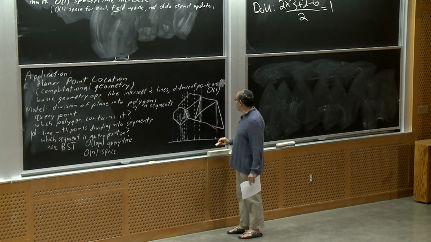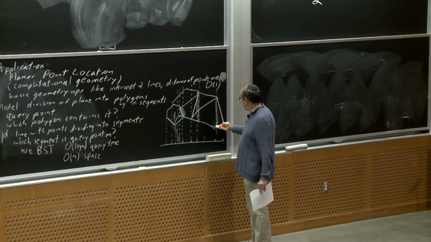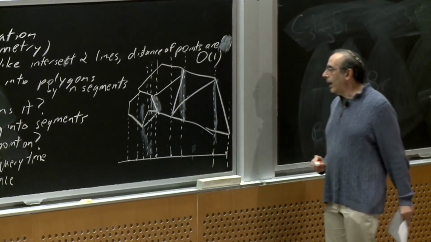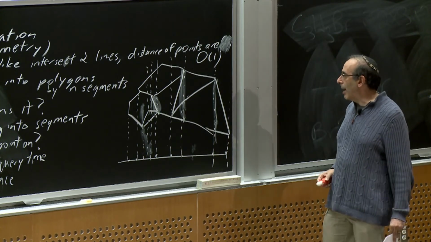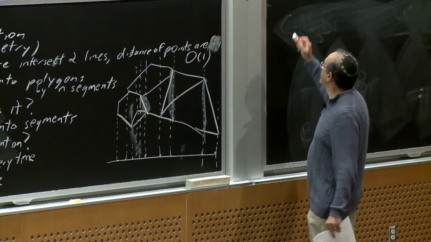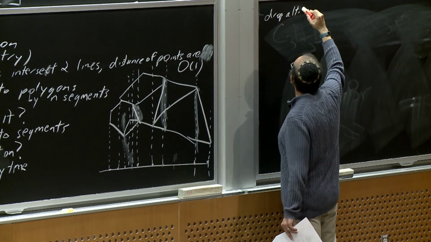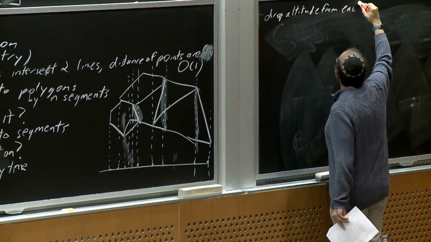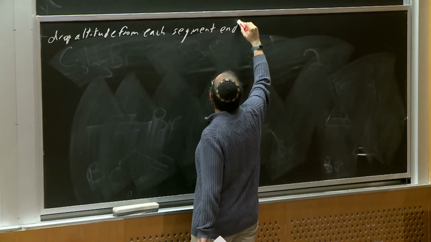So I draw these altitudes wherever there is an endpoint of a segment. And this has a nice feature of dividing my polygon arrangement into a bunch of slabs. Okay? So what we're going to do is drop an altitude from each segment endpoint.